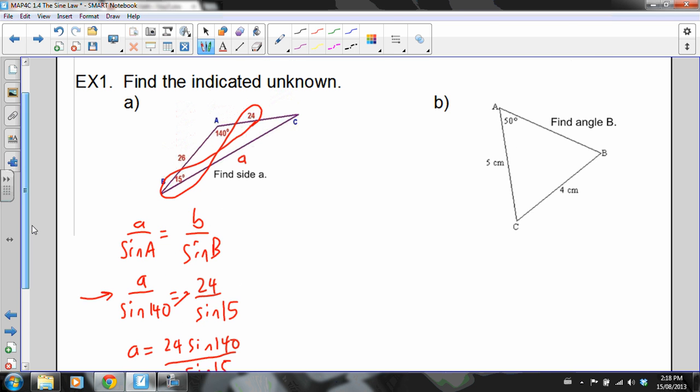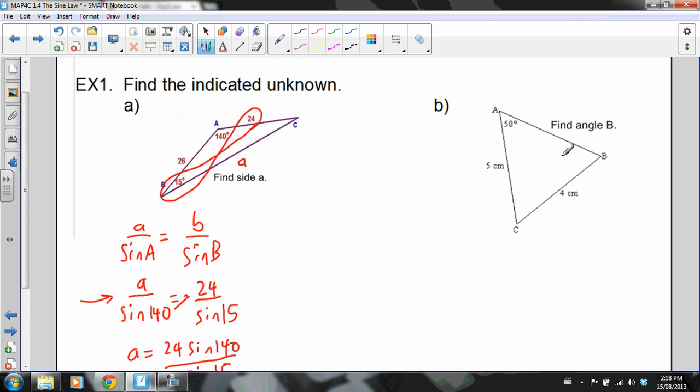In the second one, we want to find angle B. We want to find this angle. We've given the opposite side. Where's our angle side pair? Well, we know A. Right, so we need an angle, so I'm going to use the version of the sine law that has the angle on top.